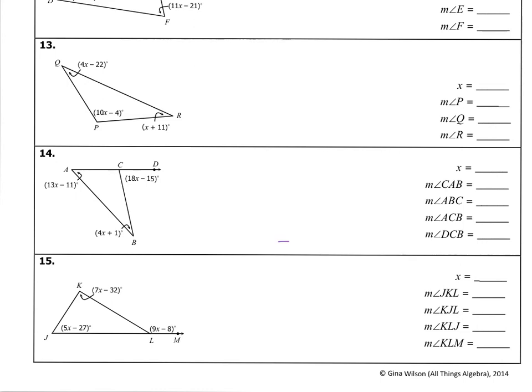Over here, I'm given this angle and this angle and then this angle. So I have 2 interior angles and 1 exterior angle. I have to use the exterior angle theorem, which says the angle measure for the exterior angle is the sum of the 2 non-adjacent interior angles. Question, why does it have to be non-adjacent?